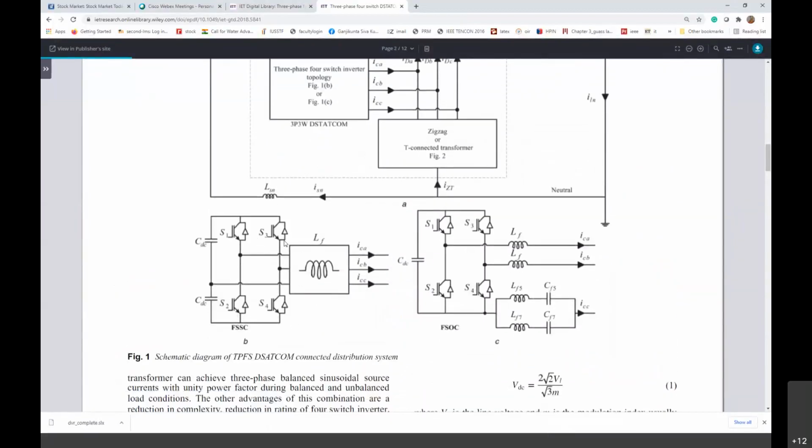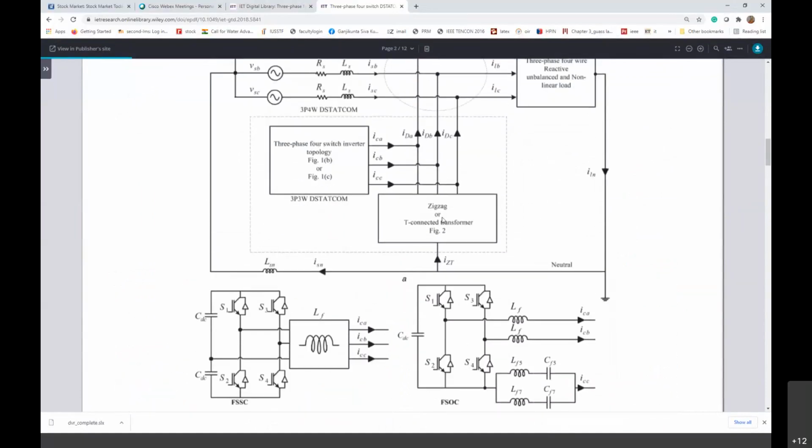Actually, I don't consider this zigzag transformer as of now. We considered here one of the legs, which is going over here. It is about ICA, then ICB. This is about ICC.